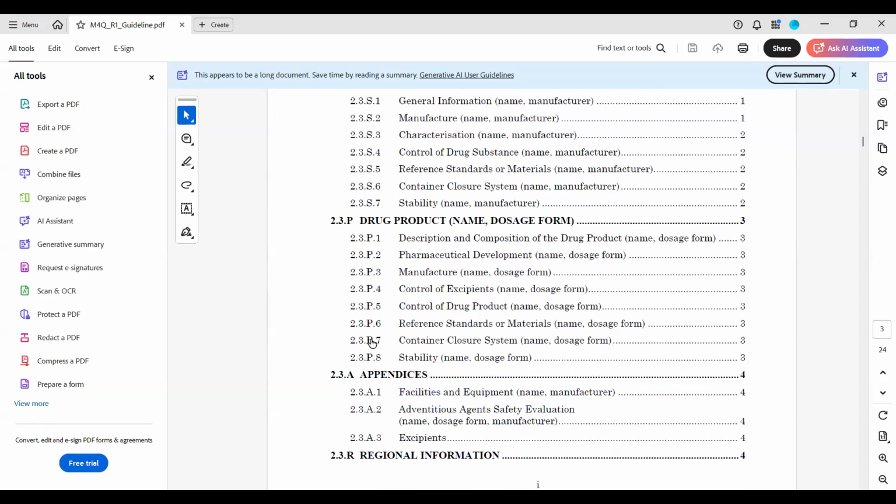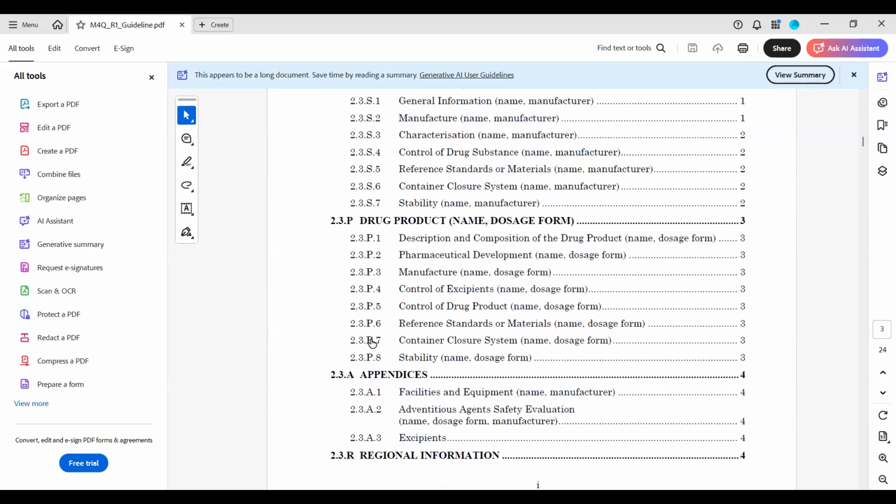Then is your 2.3.P section, where all the summaries related to drug product are submitted under the following eight sections: 2.3.P.1 to P.8. P.1 is your description and composition of the drug product. Then is your pharmaceutical development, manufacturer, control of excipients, control of drug product, reference standards or materials, container closure system, and stability.